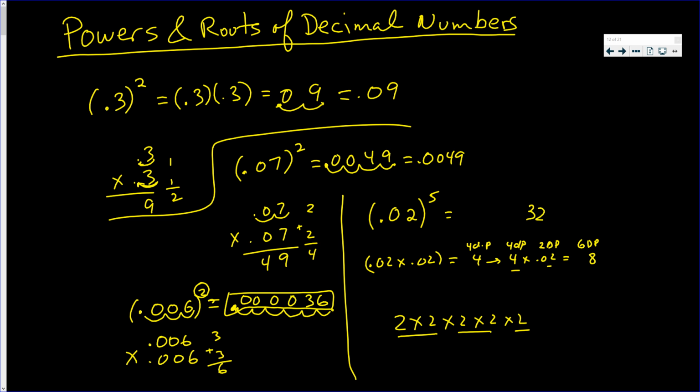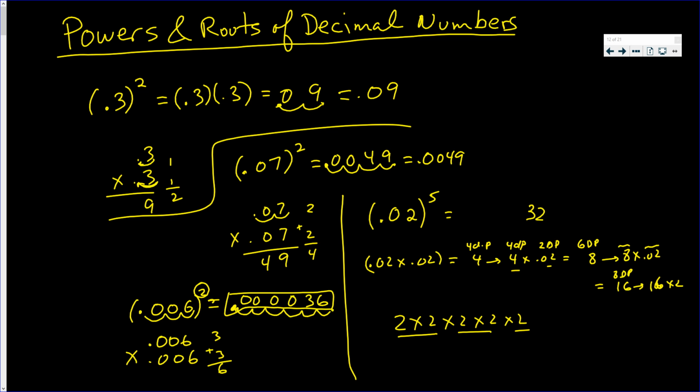And then I do it again. I multiply the 8 by 0.02, and I'm going to get 16, but it's going to be 6 decimal places plus 2 more. It's going to be 8 decimal places, and then I multiply the 16 by 2.